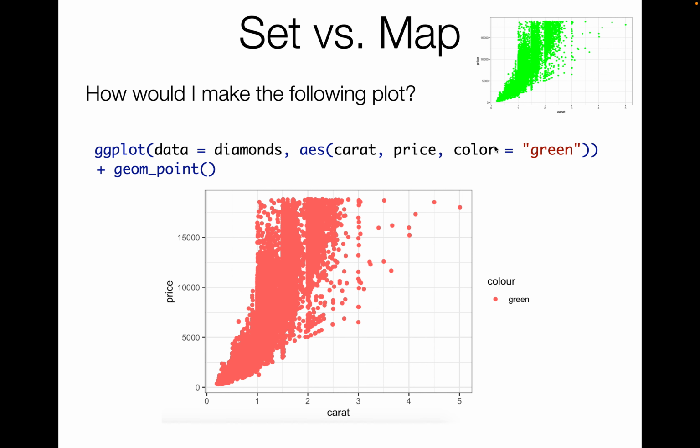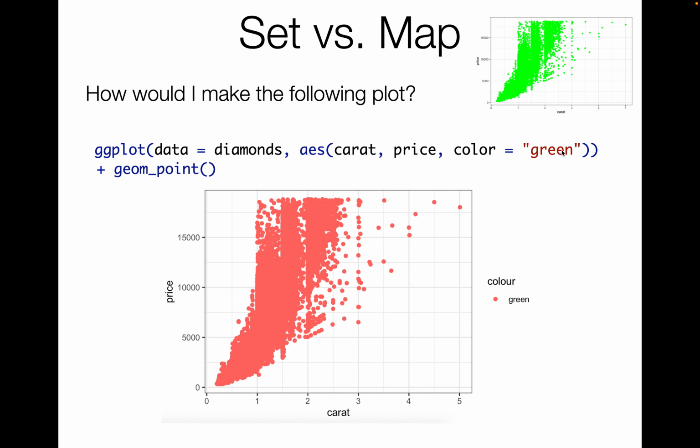If I wanted to map a color to a variable in my data set, then I'd put it in here. But now what it's trying to do is map the color to green. Now it might look for green in the data set as a variable, but of course it's not going to find green there. So it's going to make its own version of green. It turns out there's like only one of them. It doesn't change with the data, so they're going to call them all green.